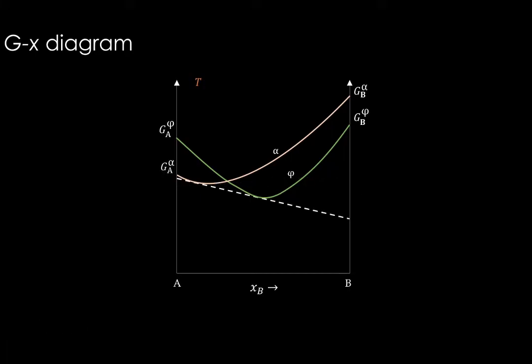Now imagine this tangent. This tangent is common to both alpha and phi, and it is meeting at certain points in alpha and phi.